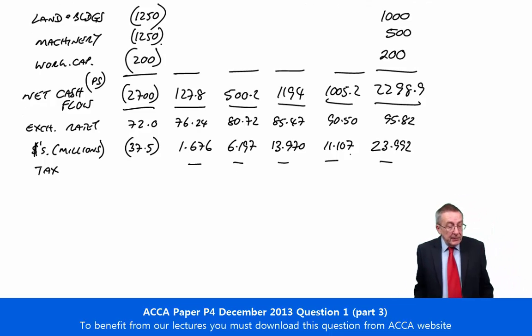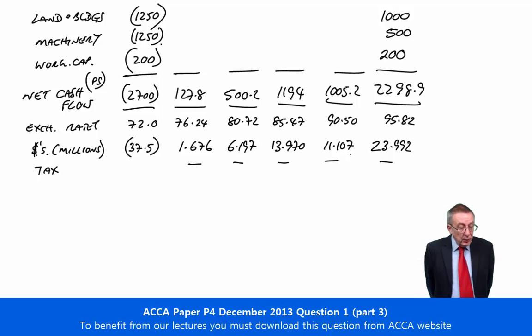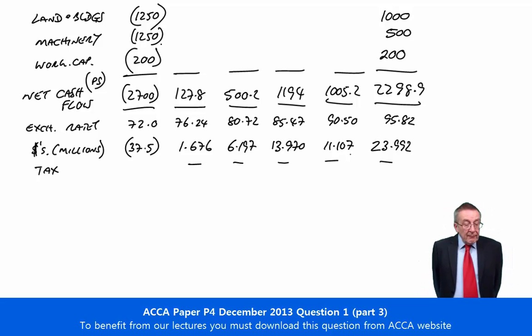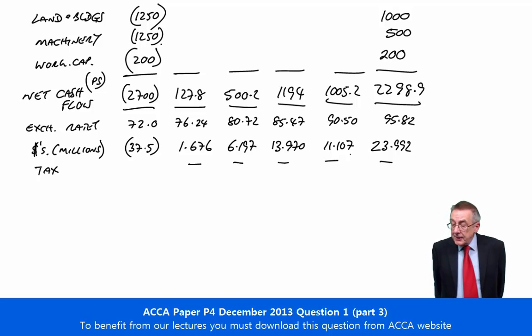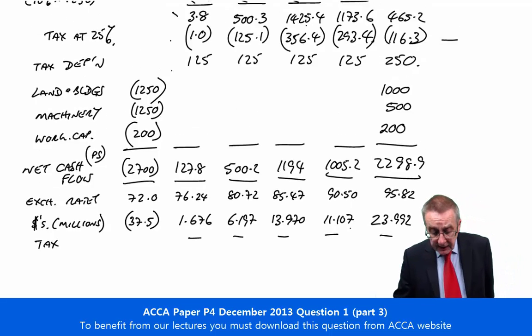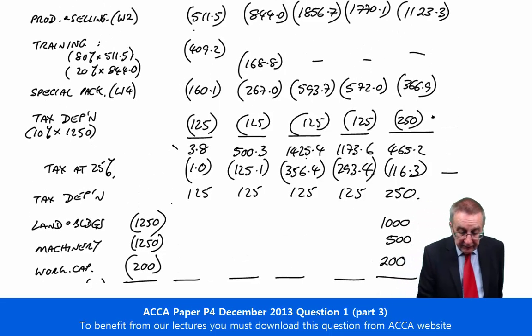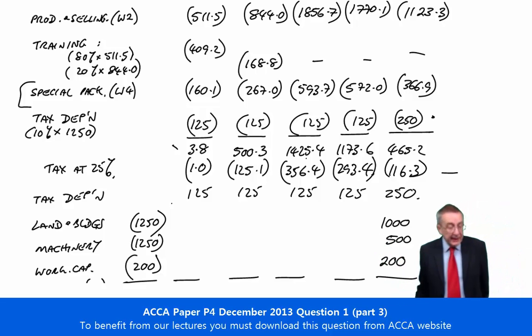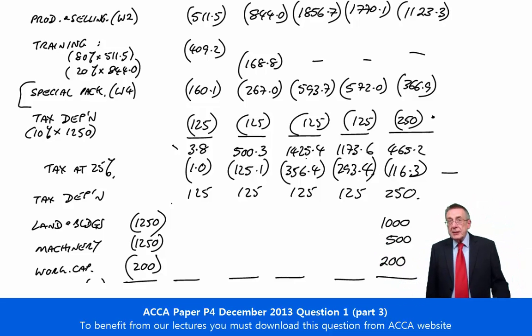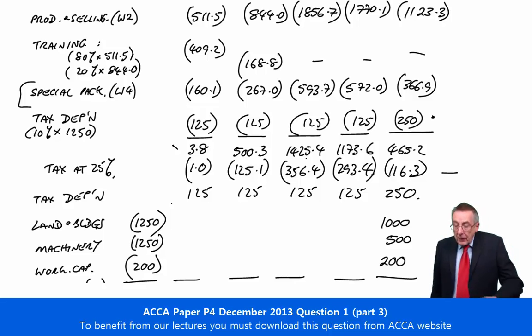Finally, something that's worried quite a few of you, and it's a bit different from what's happened before. When we were setting up the flows in pesos, we had the extra $200 that was payable for special packaging. We'd done the converting, I'm not going to repeat that, but it was costing $200 a batch that they were having to pay to Chamorro.